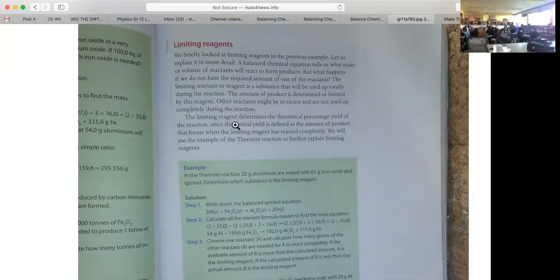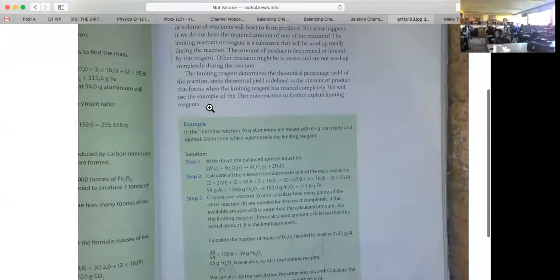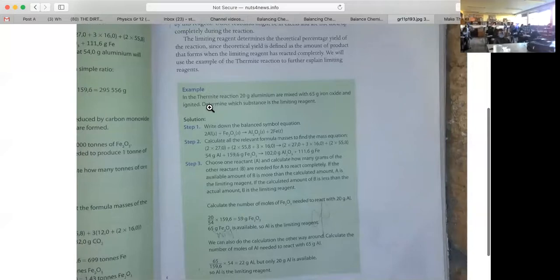But what you do is, they define a limiting reagent as the substance that will be used up totally during the reaction. The amount of product is determined or limited by the reagent. So when the limiting reagent is used up, your reaction stops and you may be left with other reactants.